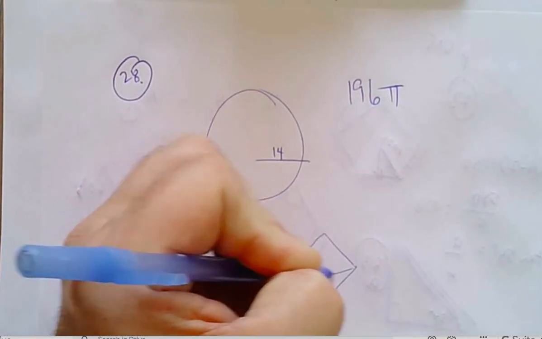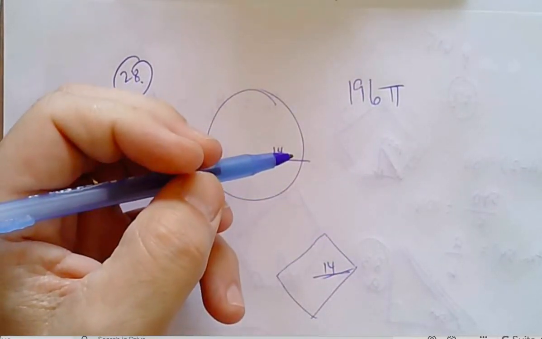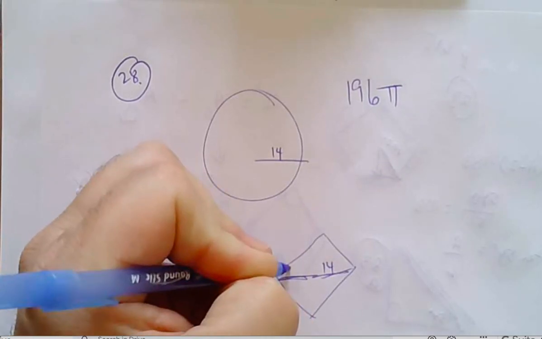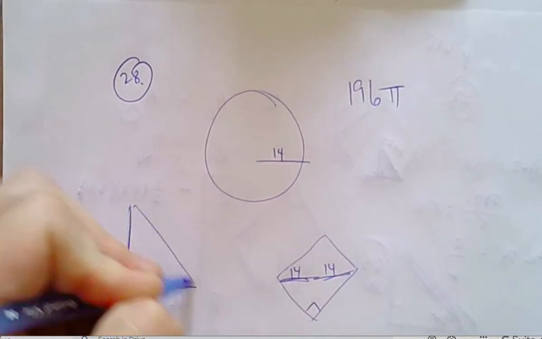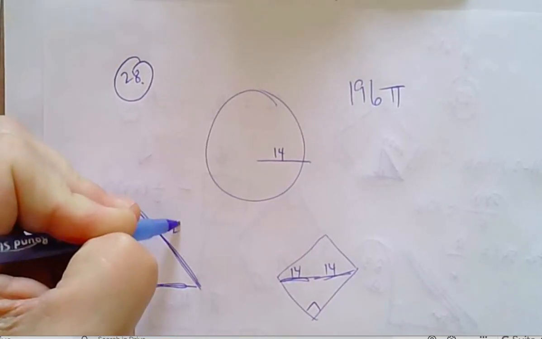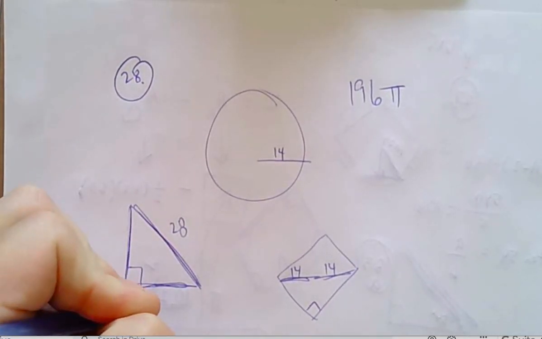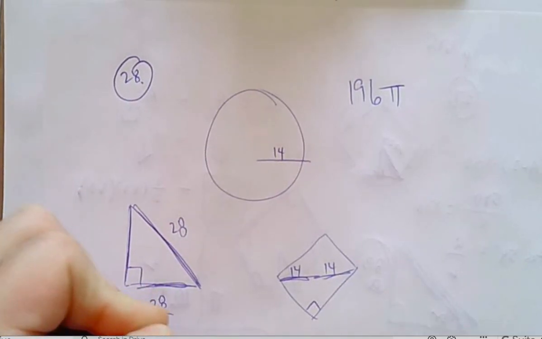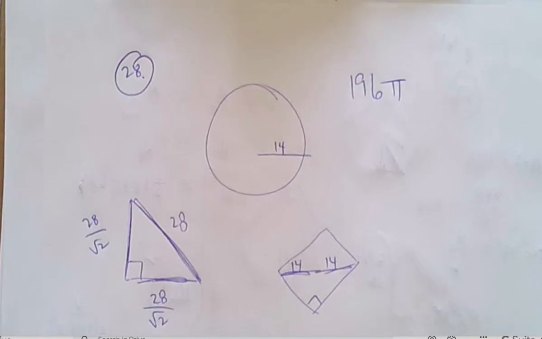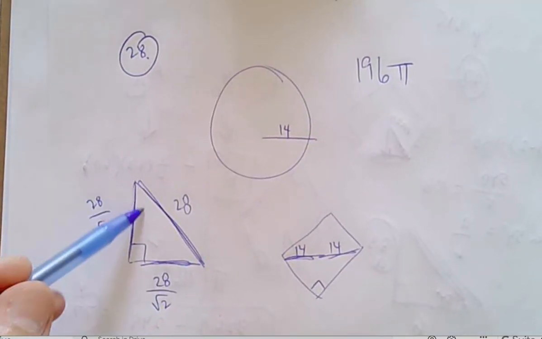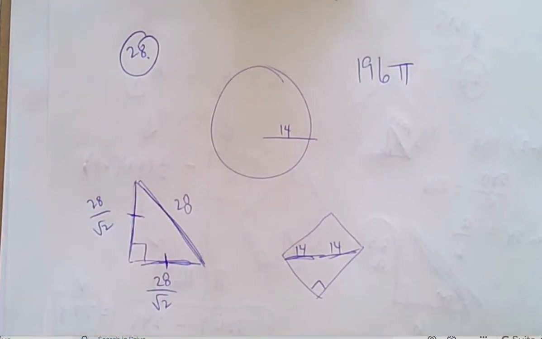Now they tell you that this is 14 from the picture, so this is 14. So this is really more of a geometry question from earlier in the year. Because it's a right triangle, then the side of each square is 28 divided by the square root of 2, because it's a 45, 45, 90, because they're talking about a square.